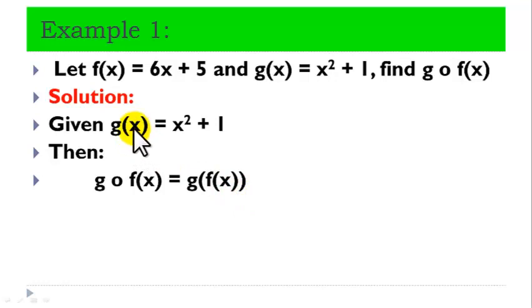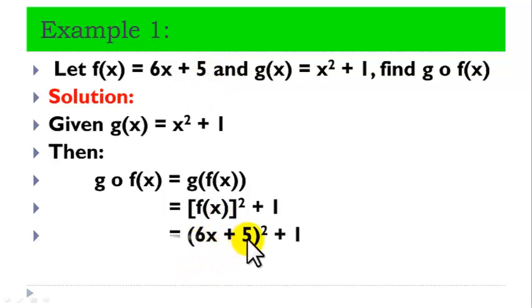That's in place of x, we put f of x, and that will give us f of x all squared plus 1. But f of x is 6x plus 5. So this is equal to 6x plus 5 all squared plus 1. We may expand this to obtain 36x squared plus 60x plus 26.